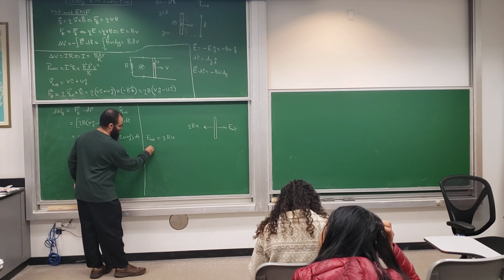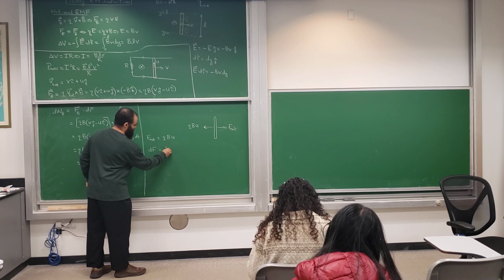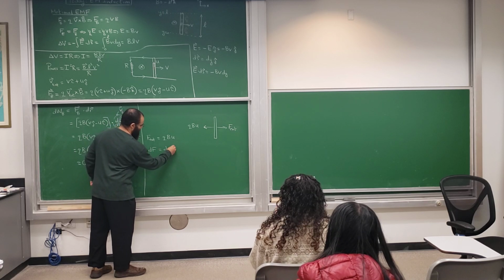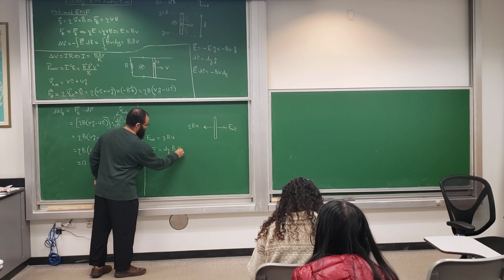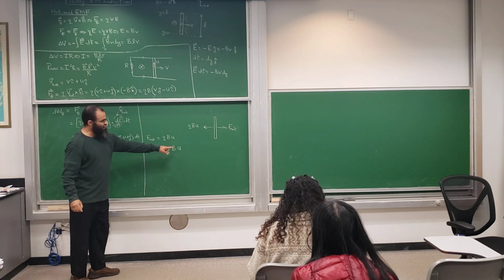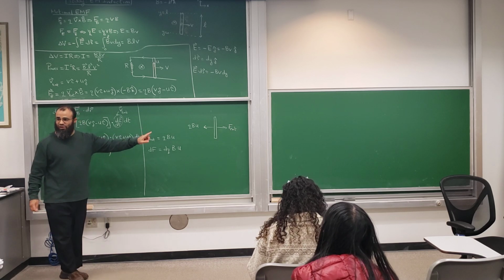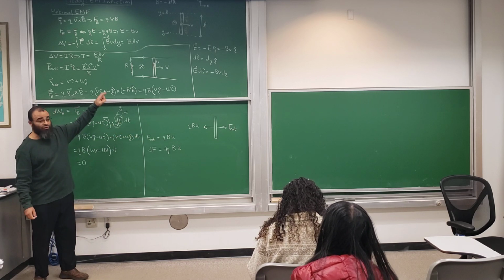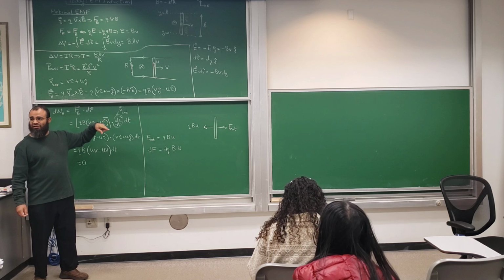So I'll put here dF is equal to dq, and then B times u. U is the velocity of the charges along the rod. So that's dy dt, right?